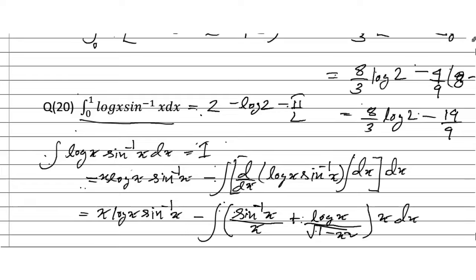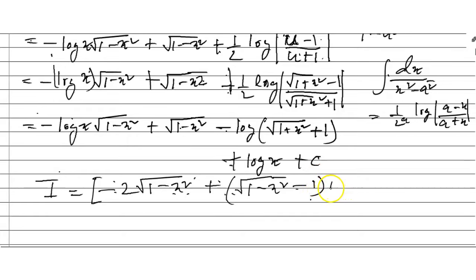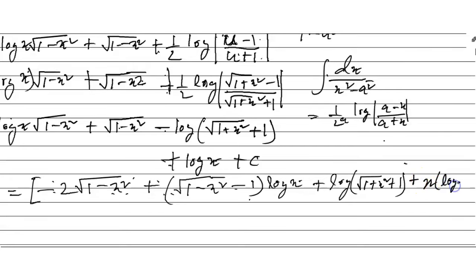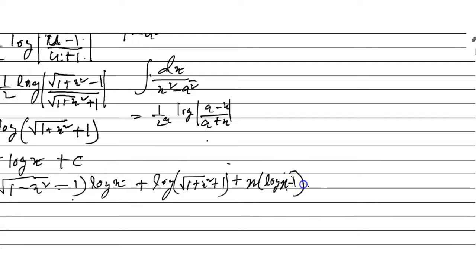So I equals minus 2 into root over 1 minus x square plus root over 1 minus x square minus 1 log x plus log root over 1 plus x square plus 1, plus x into log x minus 1 into sine inverse x, from 0 to 1.